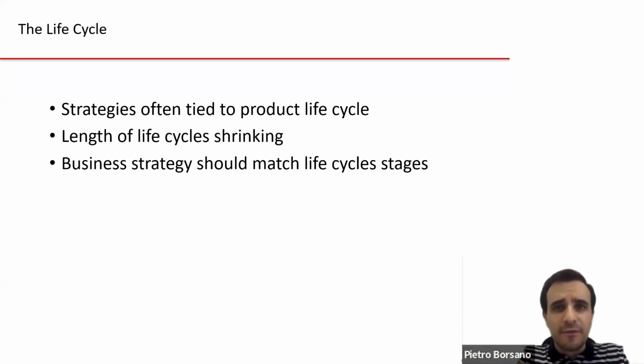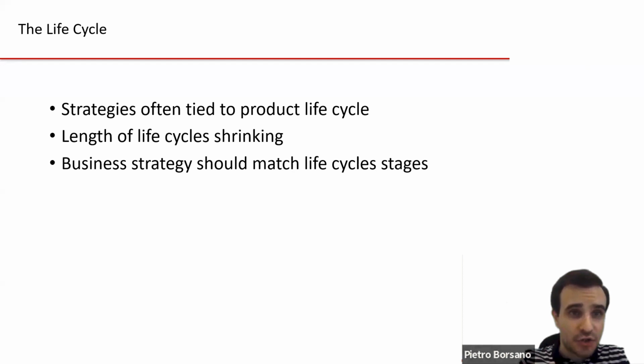There are a few more factors which we need to be very aware of. One is the length of a product life cycle, and this is a difference with the metaphor I mentioned at the beginning. Whilst the life cycle of human beings is getting longer and longer, leading to super age society, the life cycle of products is getting shorter and shorter.